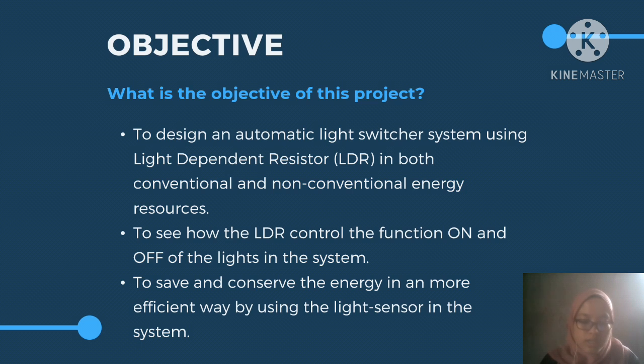The light sensor that we are talking about here is the LDR, the light dependent resistor. So whenever there is light falling on the LDR, the light bulb will turn off, and the same goes when there is no light falling on the LDR, the light bulb will turn on.